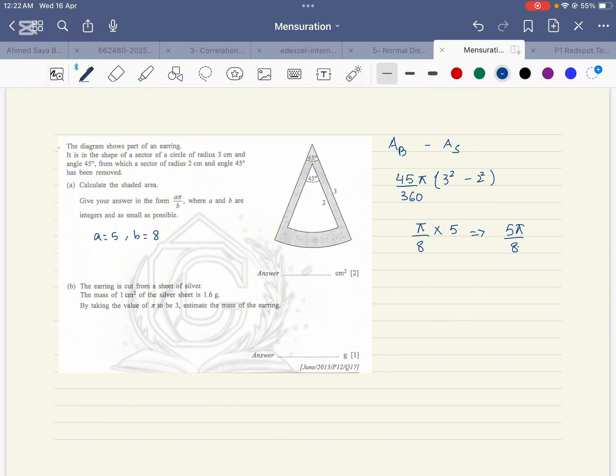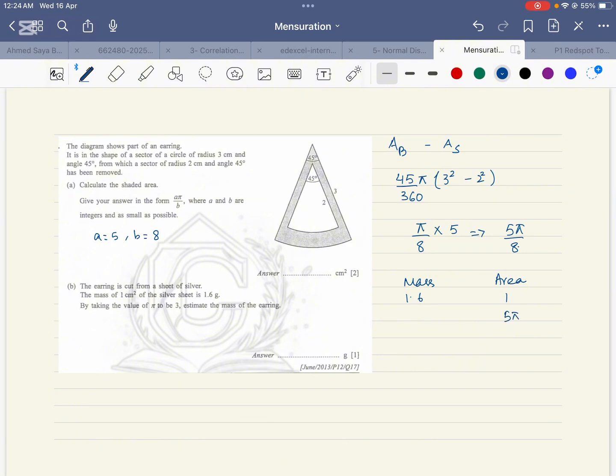The ring is cut from a sheet of silver. The mass of 1 centimeter square is 1.6 grams. By taking the value of pi to be 3, estimate the mass of the ring. So we have mass and area. The area is 1 and the mass is 1.6, so the mass of 1 centimeter square is 1.6 grams.